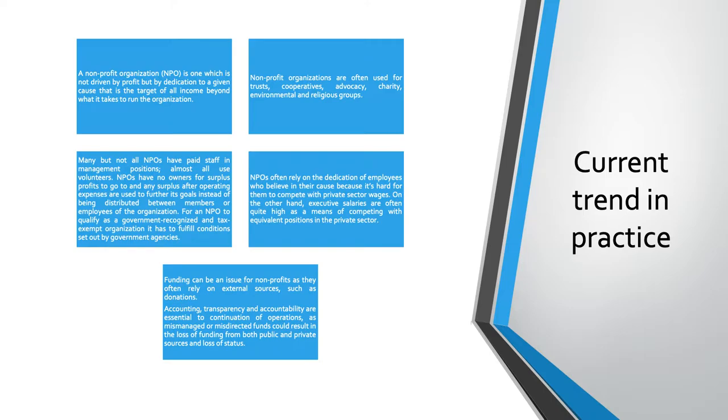Many, but not all, nonprofit organizations have paid staff in management positions. Almost all use volunteers, and NPOs have no owners for surplus profits to go to, and any surplus after operating expenses is used to further its goals instead of being distributed between members or employees of the organization. Thus, they are called nonprofit.